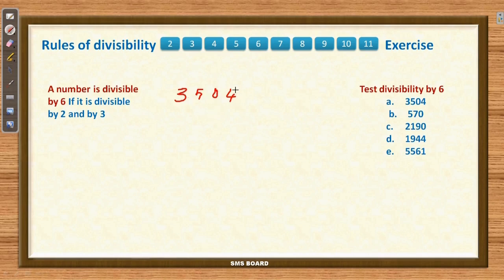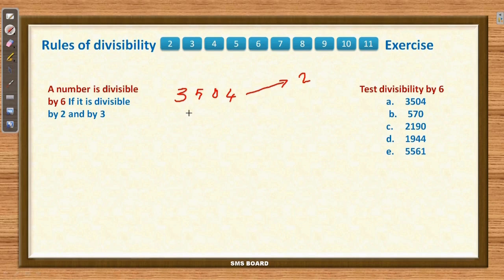That means the number ends with 4. So this number is divisible by 2. You know the rule of divisibility by 2: if a number ends with 0, 2, 4, 6, 8, the number is divisible by 2. So this number is divisible by 2.